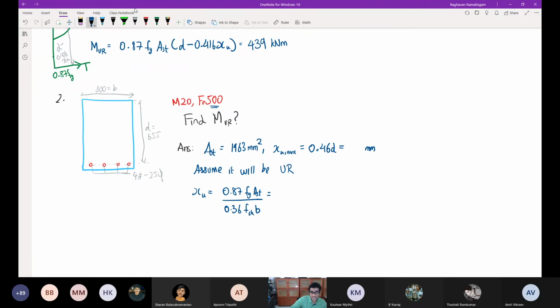If it's Fe500, it becomes 0.46D. Just a slight deviation. Let's go ahead with this type of steel. If it's 0.46D, how much comes for XU max?